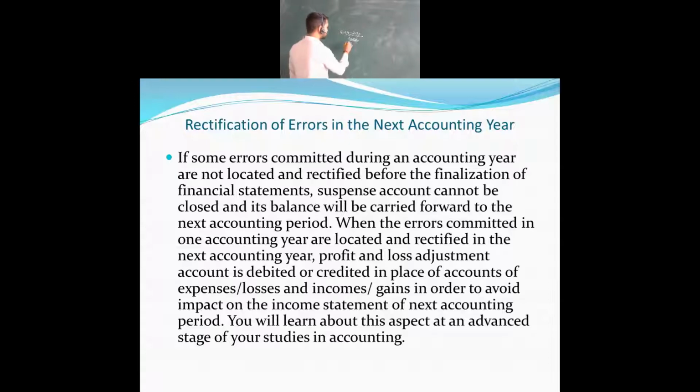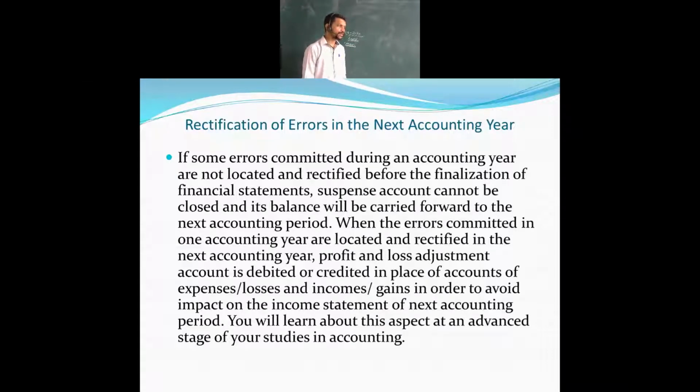If you have not located any of the errors in this year, now what are you going to see? If some errors committed during the accounting year are not recorded, errors have happened but not been located, and rectified before the finalization of financial statements. Here rectification means correction has to be made before the financial statements are prepared.